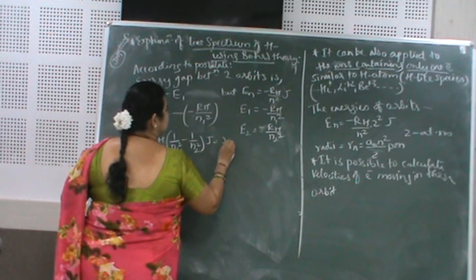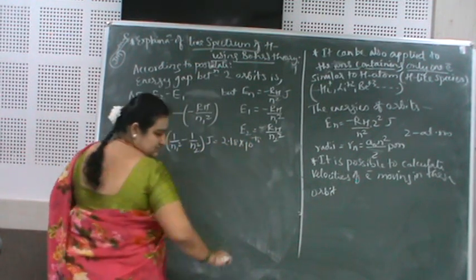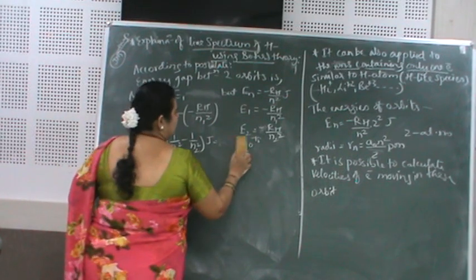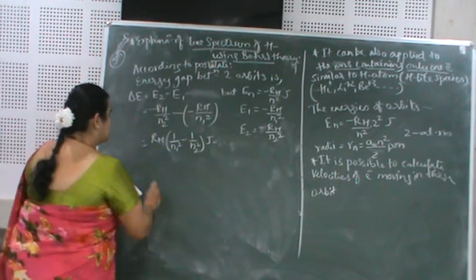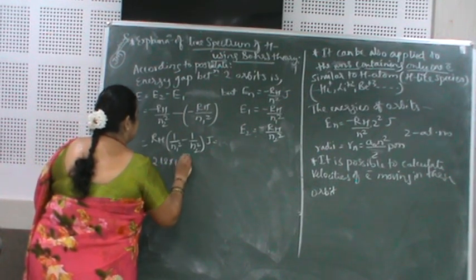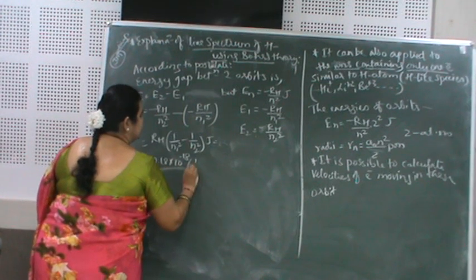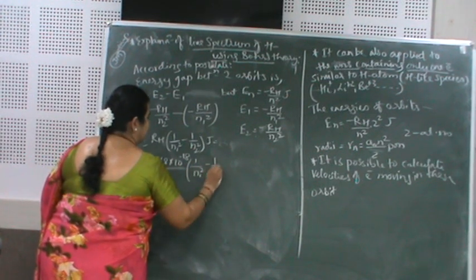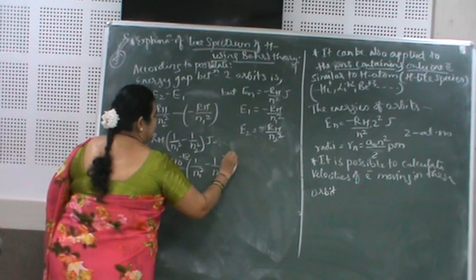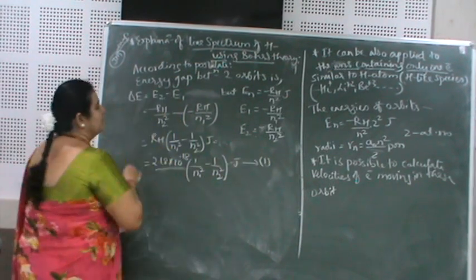So I will substitute the value of RH, 2.18 into 10 raised to minus 18. So delta E is equal to 2.18 into 10 raised to minus 18 into 1 by n1 square minus 1 by n2 square. It is in joules. So let it be equation 1.